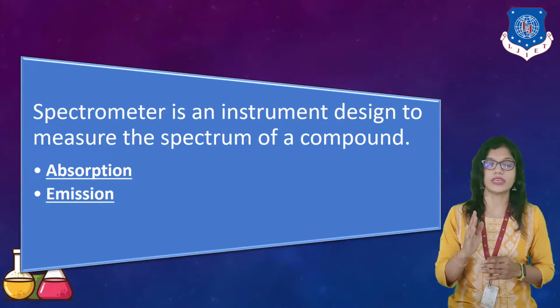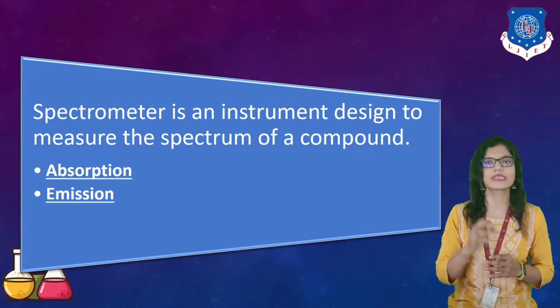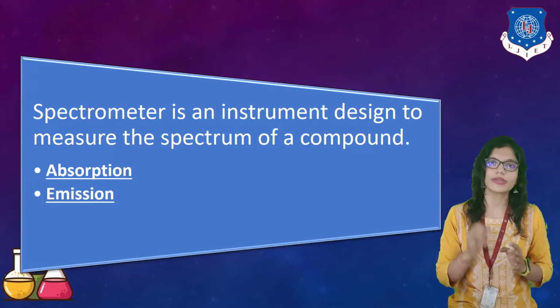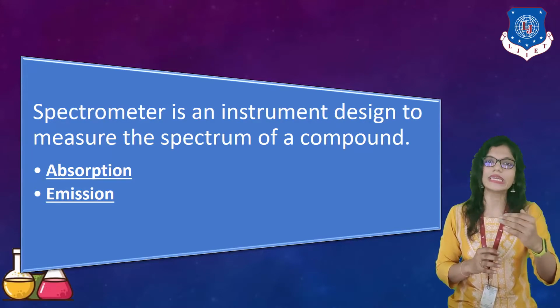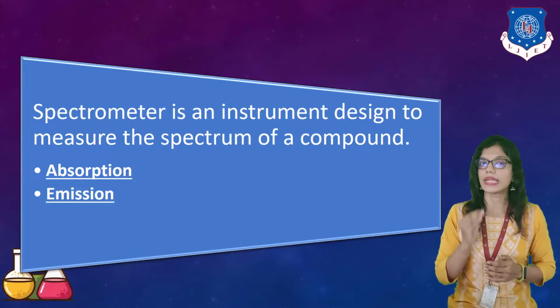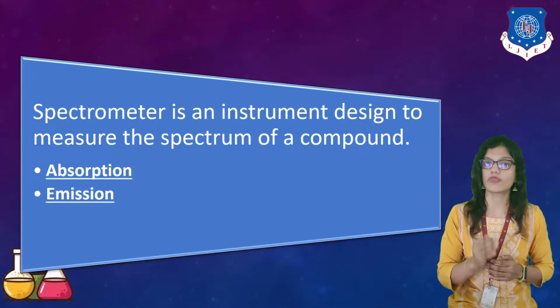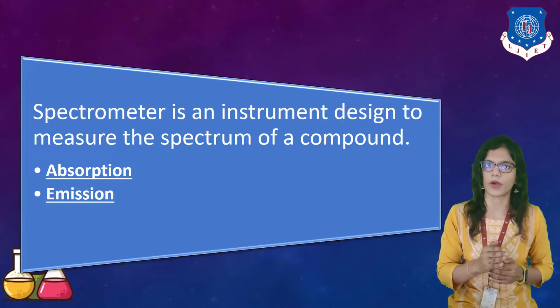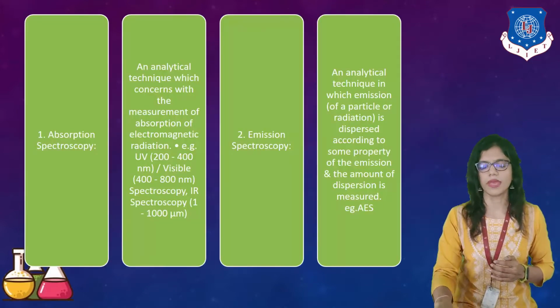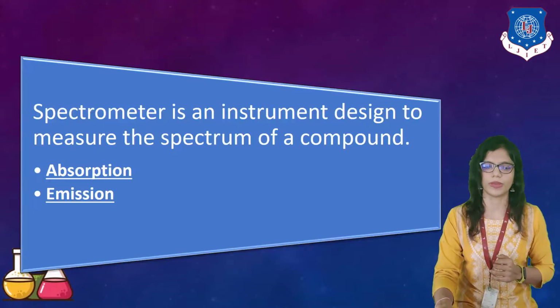The frequency that is absorbed, emitted, reflected, or scattered by a particular material is an individual characteristic of that particular atom, and because of it, it gives us the identification of that particular compound. Right? This is the base of our spectroscopy.